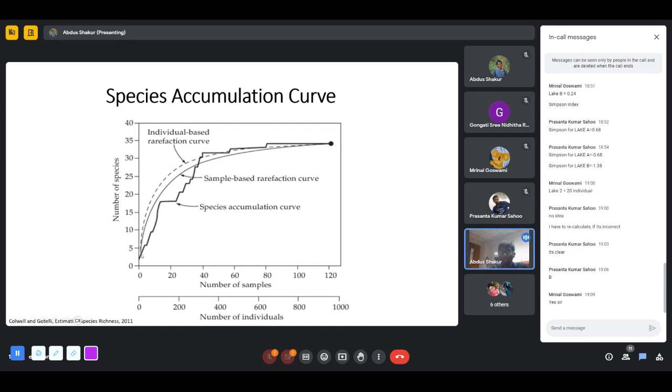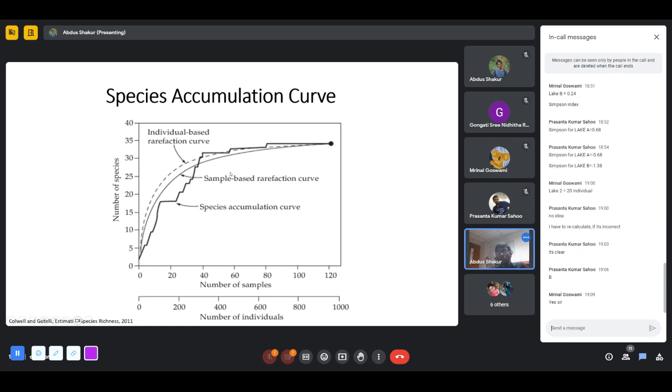Okay. So this is how the original curve looks. But if you try to repeat the same thing multiple times, you get a curve that looks like this, with the mean value and the associated standard deviation. So this mean curve is called the rarefaction curve.